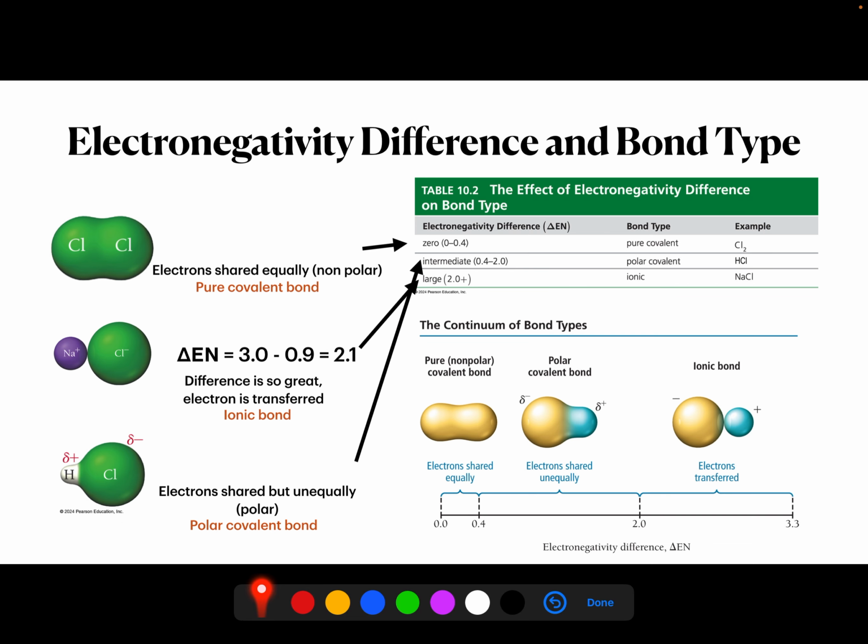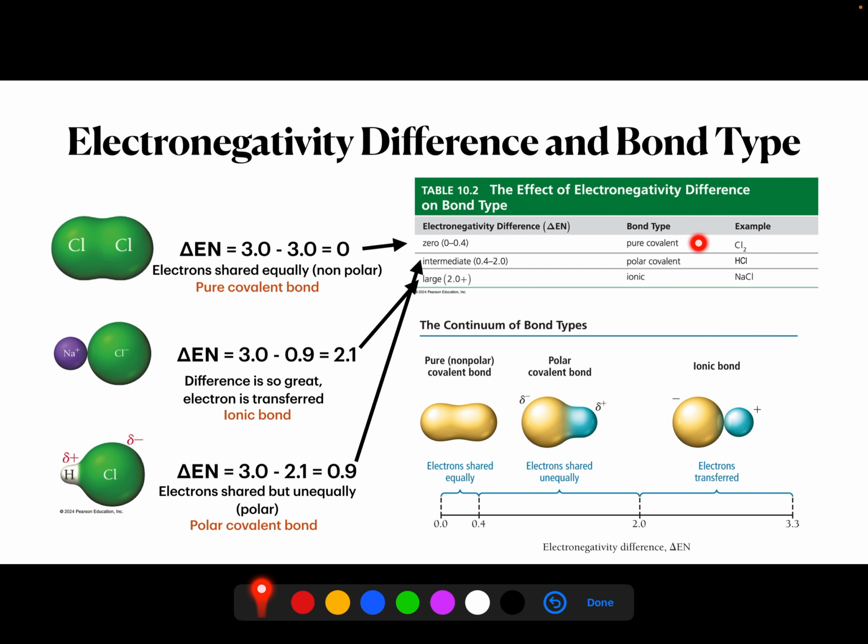All right, let's look at this table, because I think it really helps us identify the bond character or bond type. It says the effect of electronegativity difference on bond type, and it shows us three bond types.